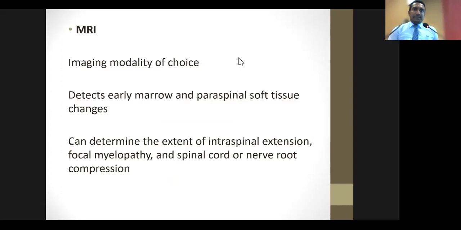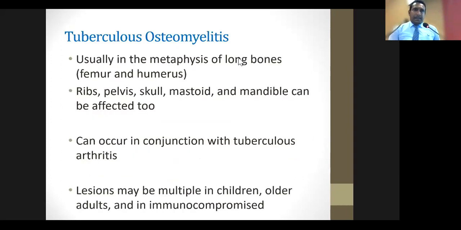It detects early marrow and paravertebral changes. And if you are suspecting impending cord compression, then MRI should be done very early on, because it can detect intraspinal extension, focal myelopathy, and spinal cord or nerve root compression.